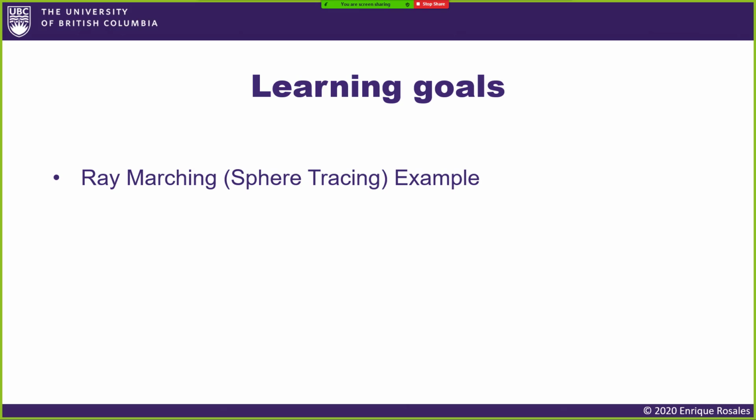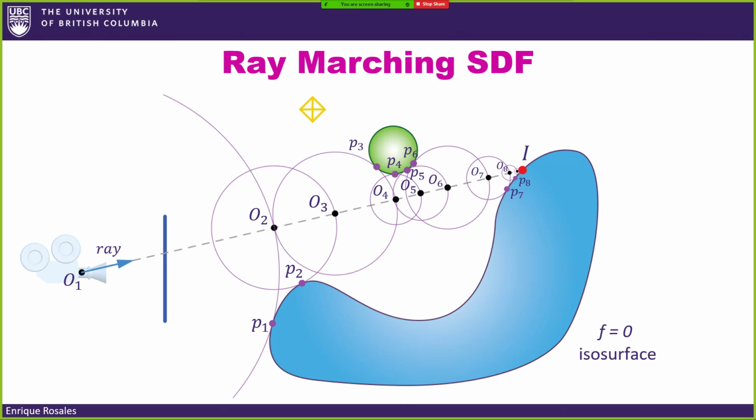So this is basically what we said the other day, right? You have a surface that is represented by a function, and the way you compute this is by making your ray walk in its own direction, right?